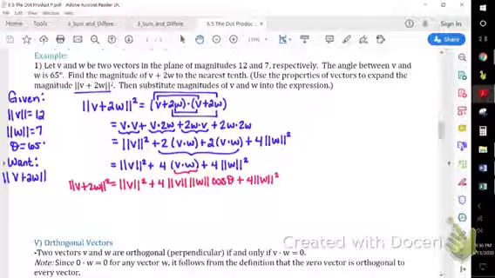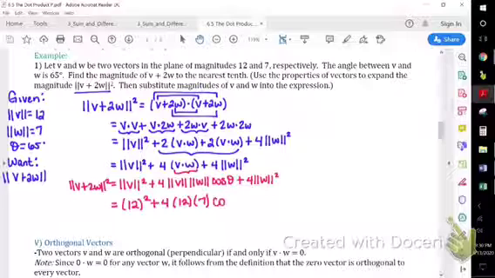Alright, so let's plug in what we know here. We know the magnitude of v is 12, squared, plus 4 times the magnitude of v, which is 12, times the magnitude of w, which is 7, times cosine of theta, which is 65 degrees. Look over in your given section there. That's why I went ahead and wrote it out. Plus 4 times the magnitude of w, which is 7, squared.